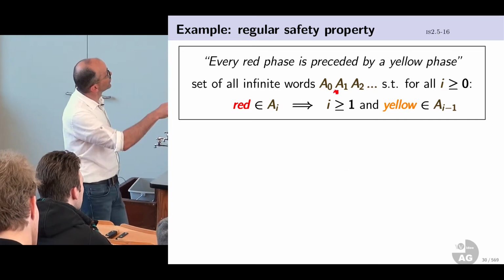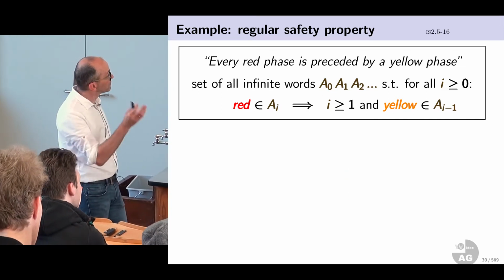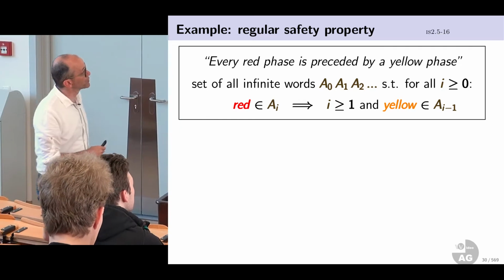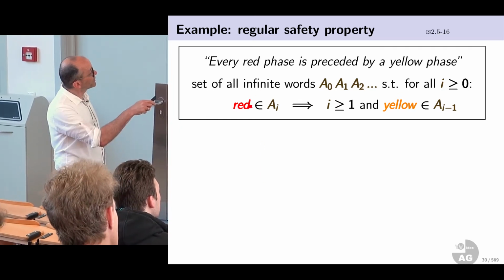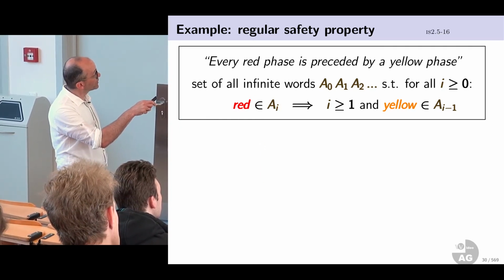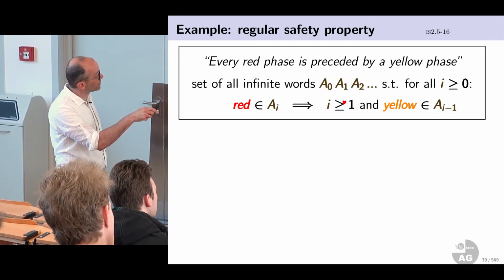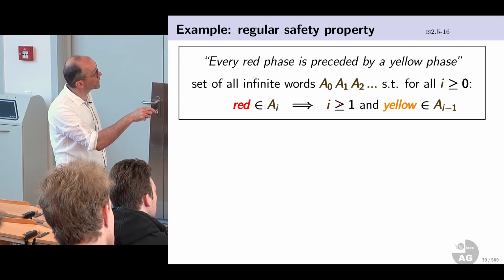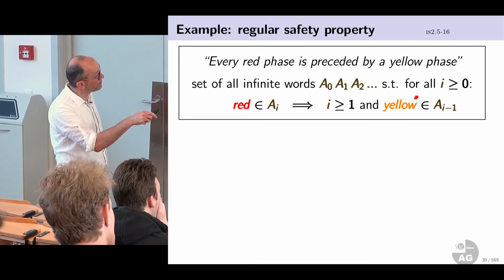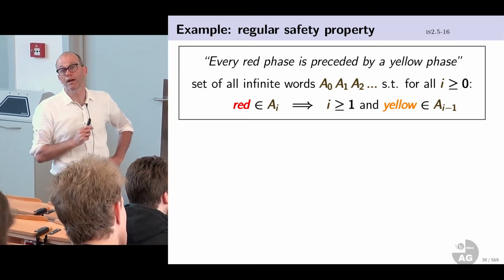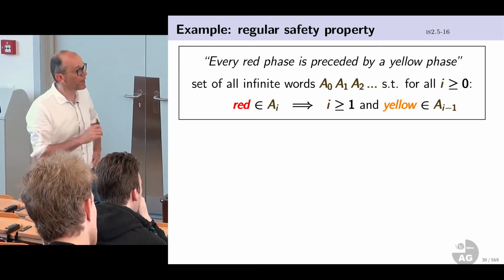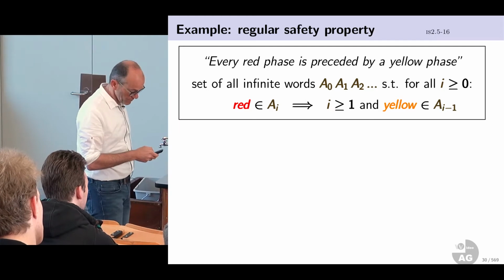It's the set of infinite words A0, A1, etc., such that for every position i, if red is contained in the ith position, then i should be strictly larger than 0, and yellow should be in the immediately preceding position, A_{i-1}. Good.